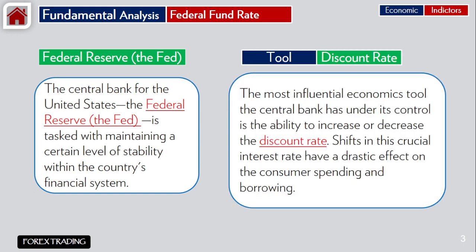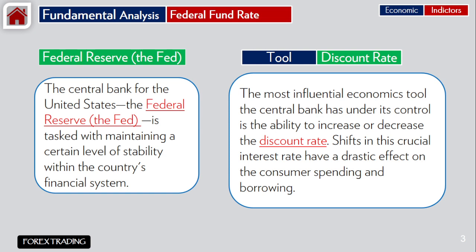For that they have a tool called the discount rate. The most influential economic tool the central bank has under its control is the ability to increase or decrease the discount rate. Shifts in this crucial interest rate have a drastic effect on consumer spending and borrowing.